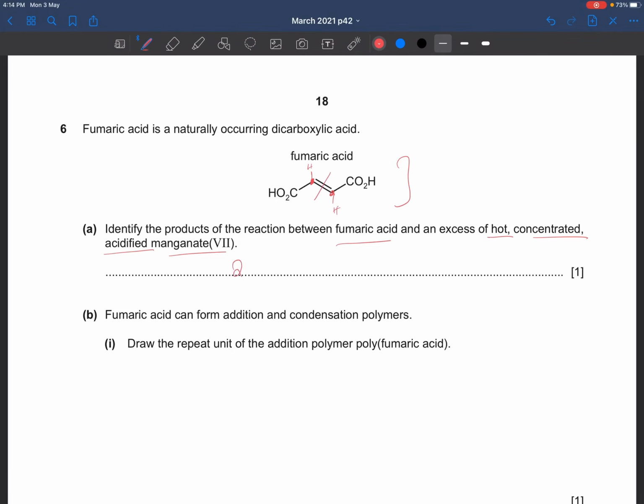So we get 2 C double bond O OH, C double bond O OH. So C2H2O4, right? We get 2 moles of this oxalic acid or ethanedioic acid.